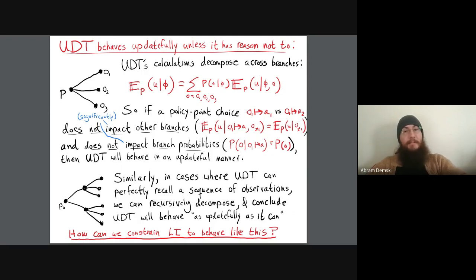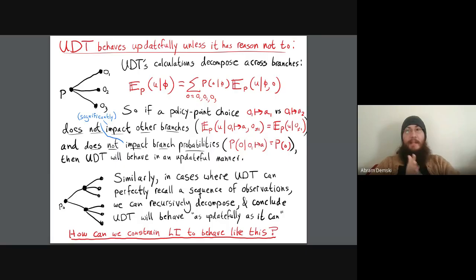So we can call these two factors, these aren't perfect names, but they're the best names I have so far. If we're considering a policy point for O1, then the impact on the expectation conditioned on O1 and the policy point, we could call that the causal impact, because we're just going forward in time at that point.